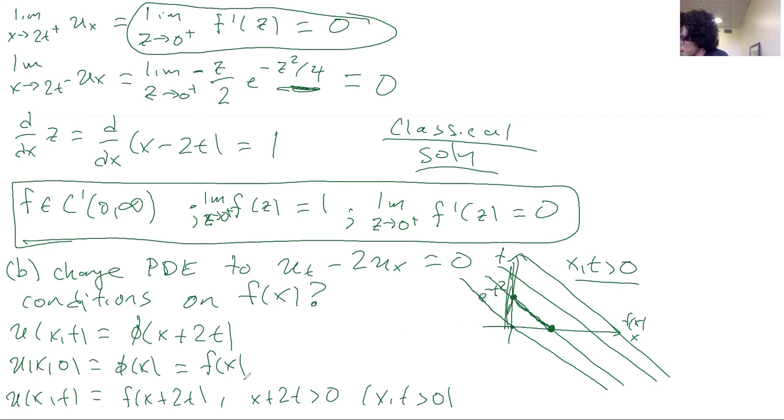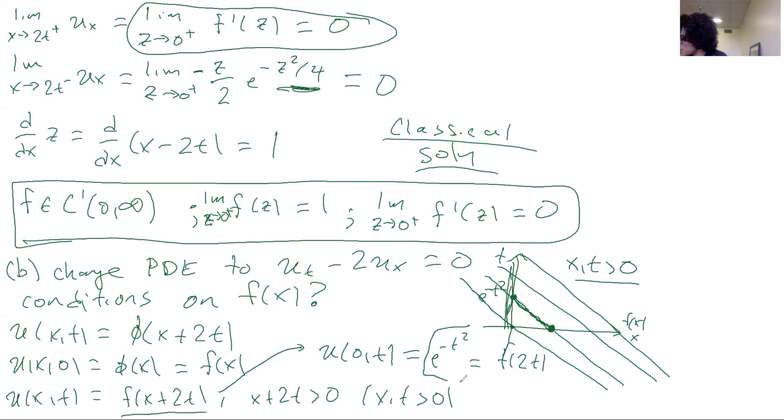So what this implies then, okay, is that u of 0,t, which is on the boundary now, which we know is equal to e to the minus t squared, that's also got to equal this function evaluated at 0,t. So we have that it's equal to f of 2t.